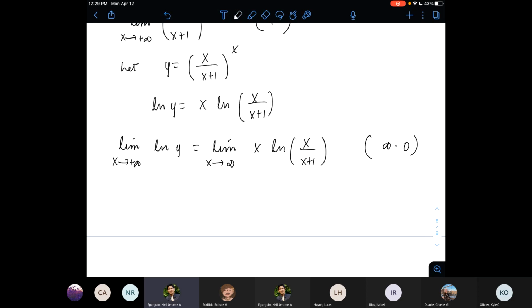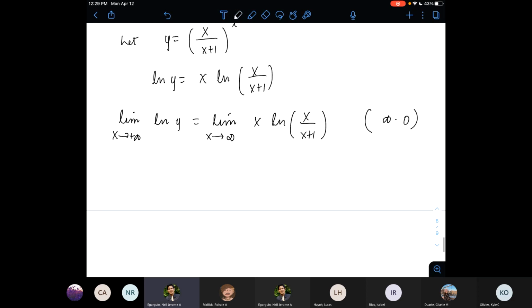All right, and I hope you remember how to deal with indeterminate forms. So here we'll need to write it in a form that is accepted by L'Hopital's rule. So here I can write it as ln of x over x plus 1 all over 1 over x as x approaches infinity. Okay, now this is of the form 0 over 0.